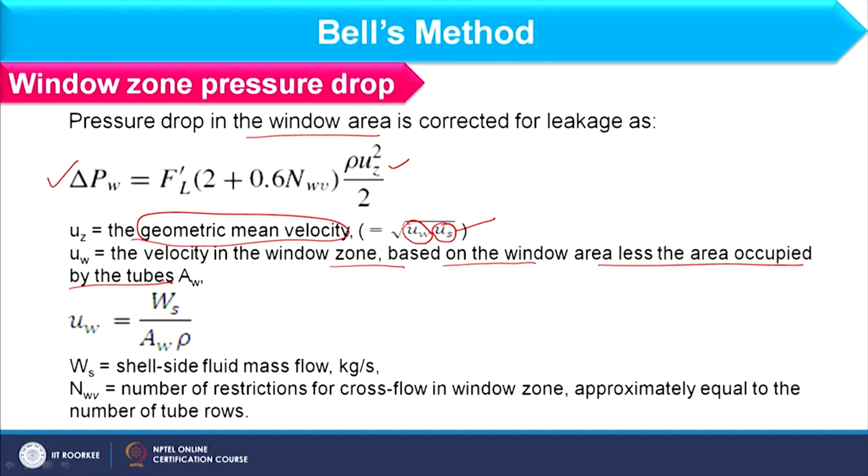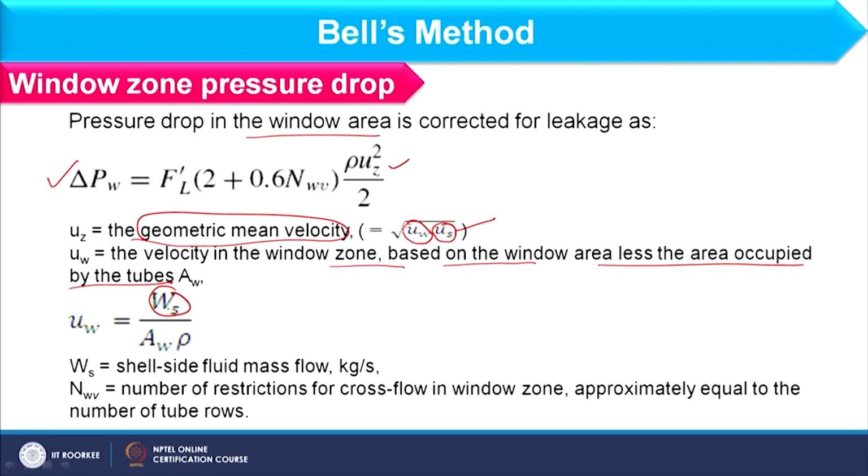Okay. So, what is UZ? UZ will depend on the area which is available for fluid to move in the window zone. Okay. And that you can find out considering window zone area minus the area occupied by the tubes in the window zone. Okay.